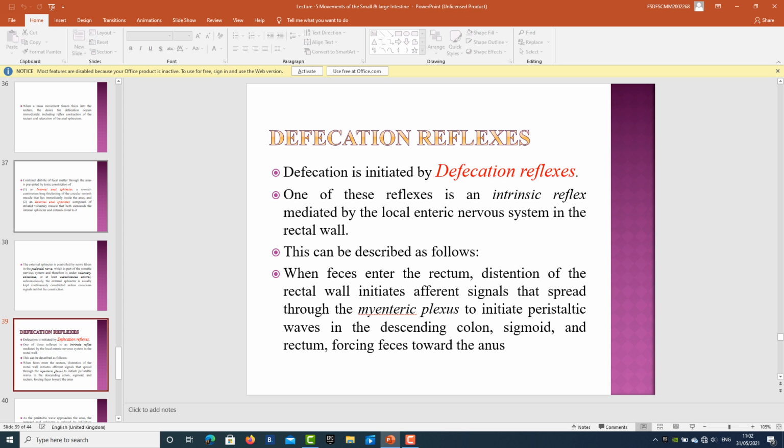Defecation reflexes. The process of defecation is initiated by defecation reflexes. One of the reflexes is an intrinsic reflex, which is mediated by the local enteric nervous system in the rectal wall. When the feces enters the rectum, there is distension of the rectal wall, and the myenteric plexus is stimulated to initiate peristaltic waves in the descending colon, sigmoid, and rectum, forcing the feces towards the anus.